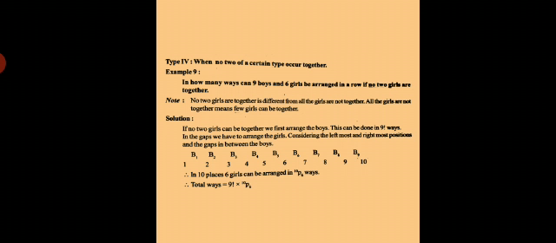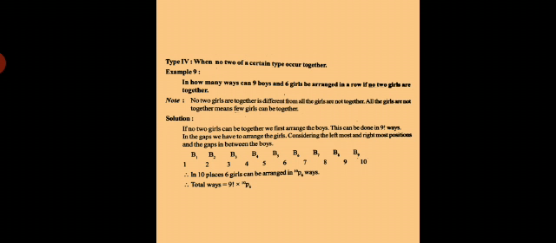Then in the gaps we have to arrange the girls so that no two girls are together. Considering the leftmost and the rightmost positions and the gaps in between the boys, we are left with 10 spaces.